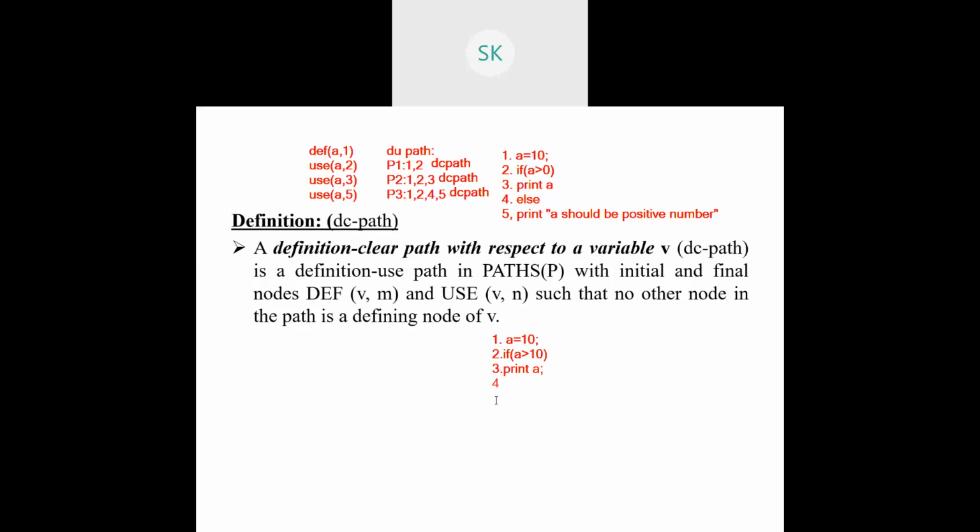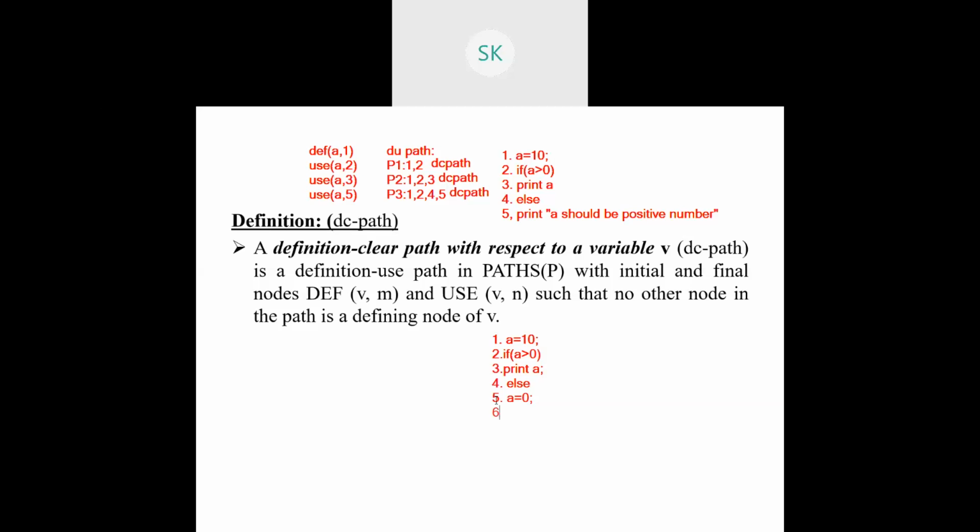Here, if A greater than 10 is a P use. Else, the fifth statement I'll just modify. Instead of printing A, it should be entered into a positive number. I'll change a small thing: if A is less than 0, then A should be assigned 0.